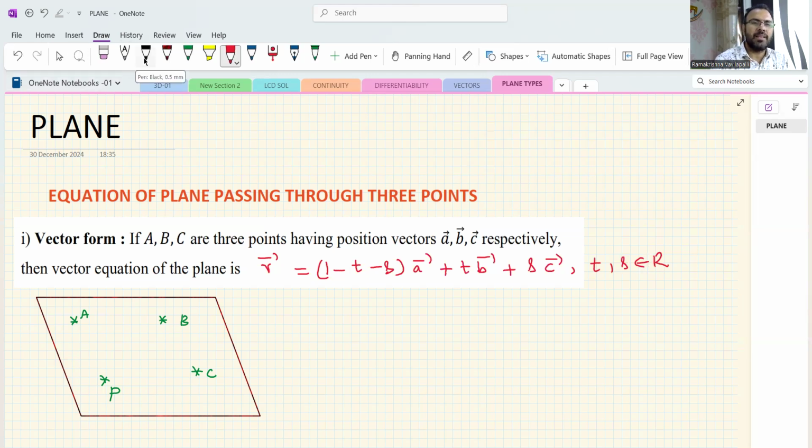Here you see, I have taken 4 points on the plane, 3 given fixed points, and 1 is the variable point.